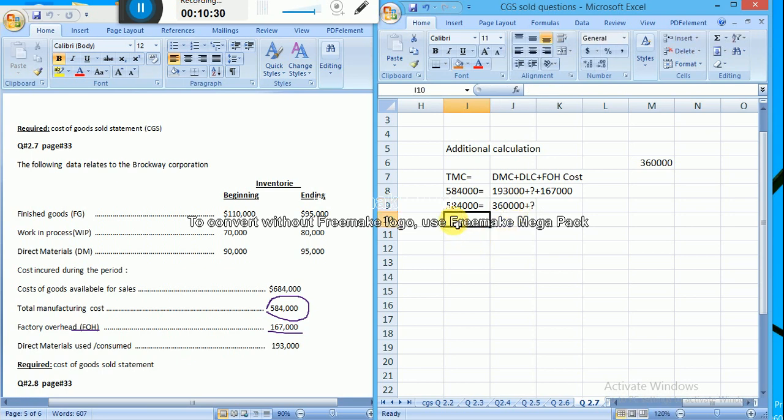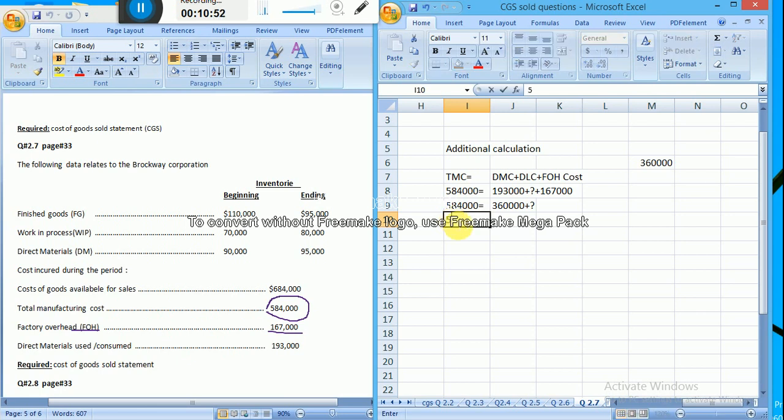Clear now? Okay. And that unknown is my direct labor cost. Now what I should do, I will transfer this 3,60,000 from the right side of the equality to the left side of the equation, to find out the missing, unknown item.